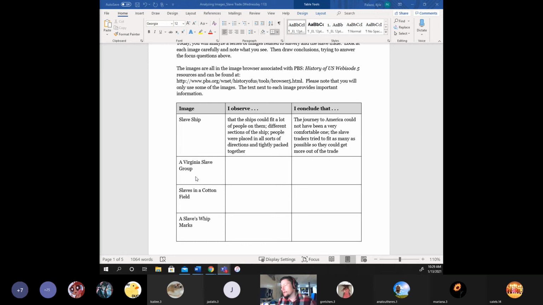This one is probably one of the more iconic images regarding the history of slavery. It's been published in many, many textbooks. It's a pretty harrowing picture, really. So I'm going to ask you to look at those images, tell me what you observe, and then draw your conclusions from those observations that answer those 3 focus questions.